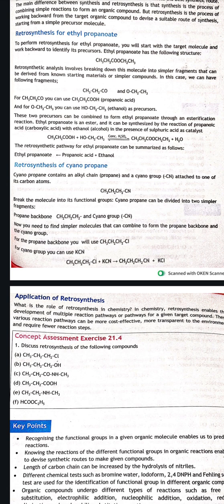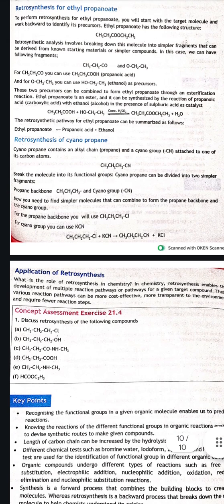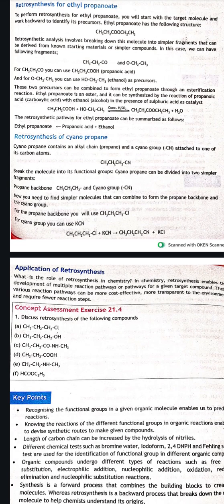So we have the following fragments: CH3CH2CO and OCH2CH3. For CH3CH2CO, you can use CH3CH2COOH, which is propanoic acid, and for the other one we can use ethanol as precursor. These two precursors can be combined to form ethyl propanoate through an esterification reaction.